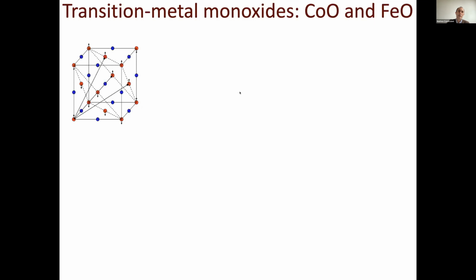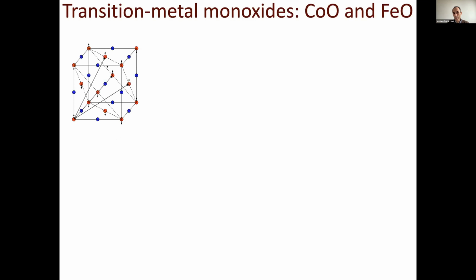So these transition metal monoxides typically have a rock salt structure where, however, they have an antiferromagnetic ground state of the kind illustrated in this figure on the left here, and the 3 vectors illustrated here are the magnetic unit cell of these materials, and they are typically difficult to get.